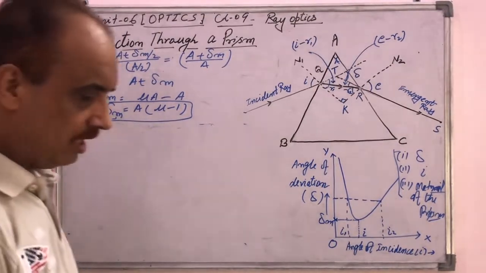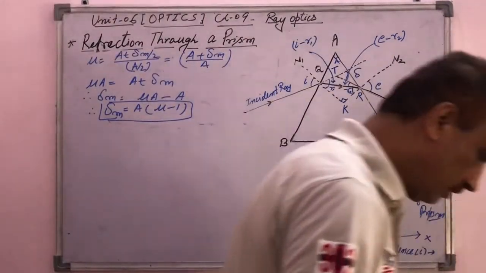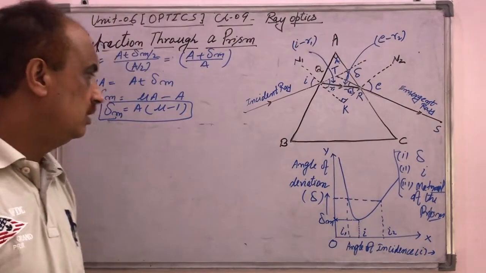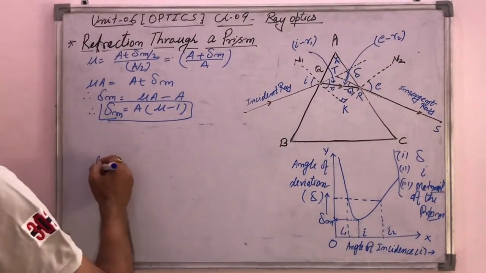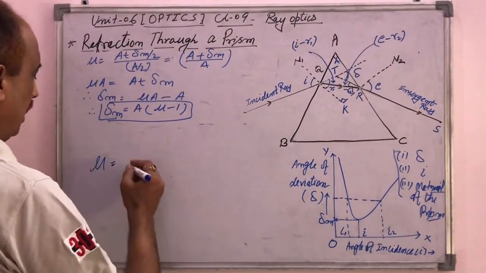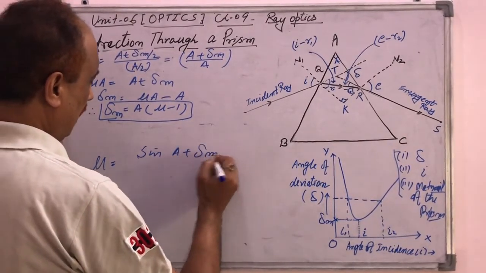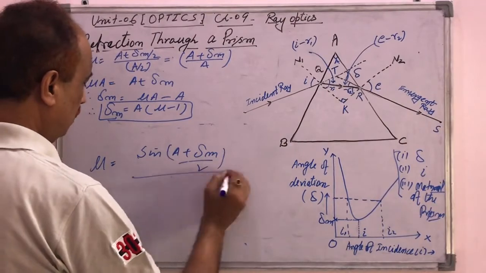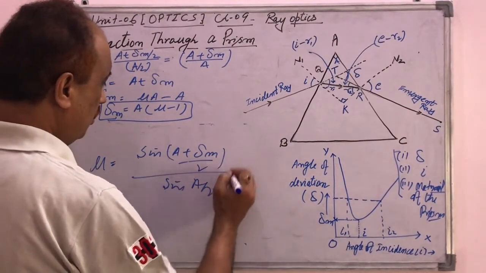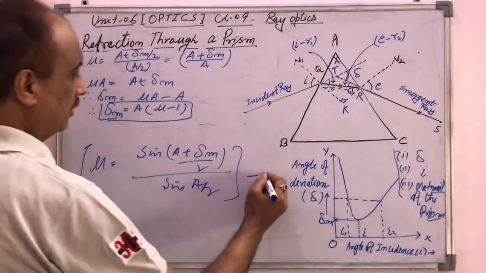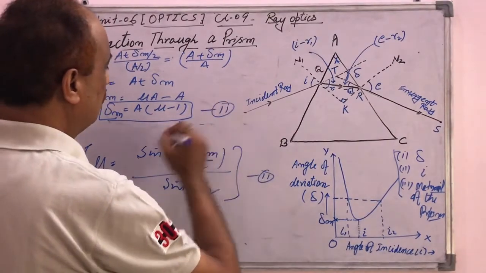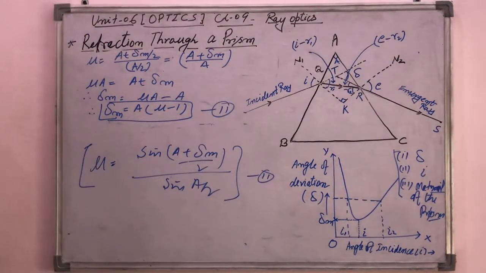So in this article, these are the two important formulas. One is for mu, the refractive index of the glass, that is sin of (A plus delta m) by 2 upon sin A by 2. This is the first formula, and the second formula, when the angles are small, is delta m equal to A times (mu minus 1).